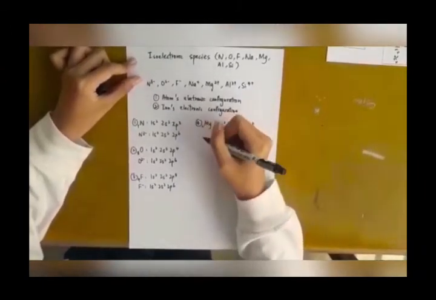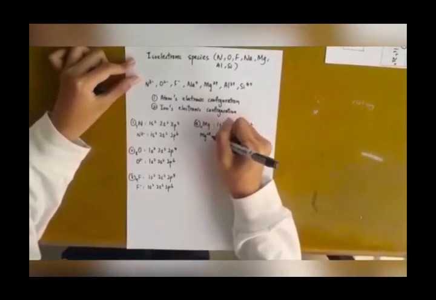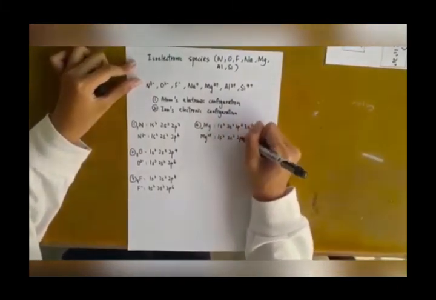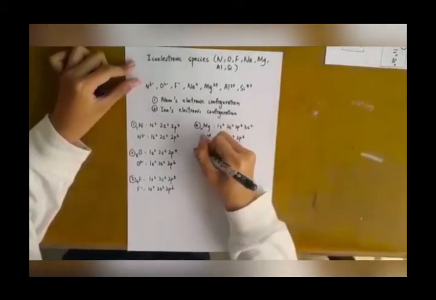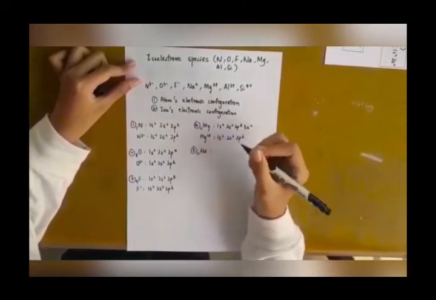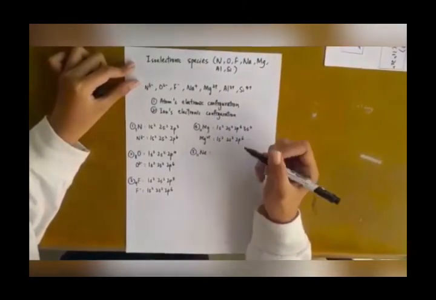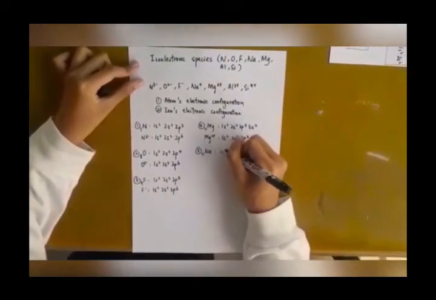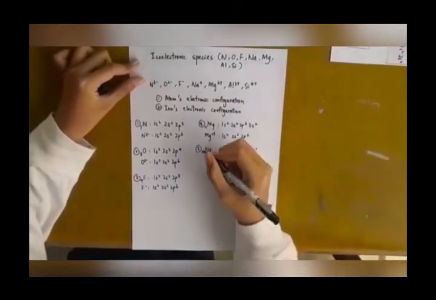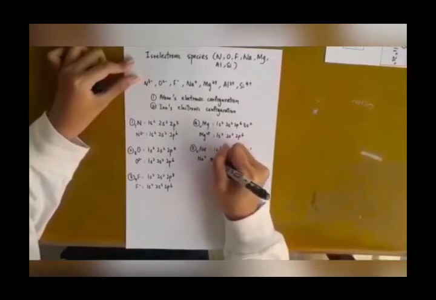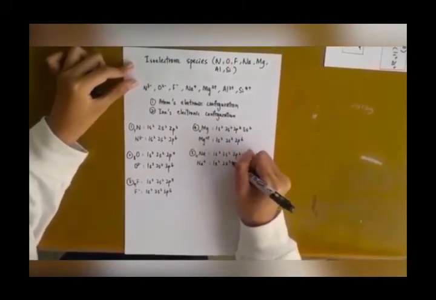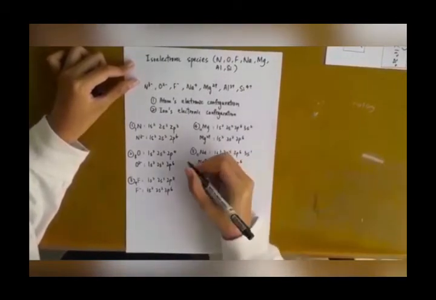And then when it becomes ions, it will have electronic configuration of 1s2, 2s2, 2p6. 5. Sodium. Sodium has proton number of 11, so the electronic configuration of sodium is 1s2, 2s2, 2p6, 3s1. When it becomes ions, it will have electronic configuration of 1s2, 2s2, 2p6.